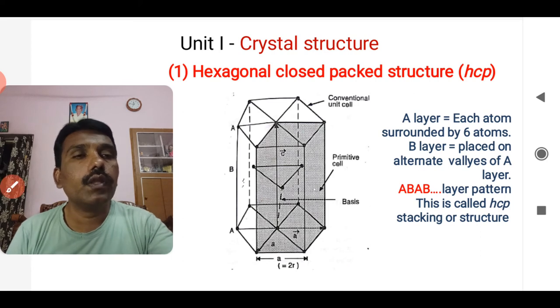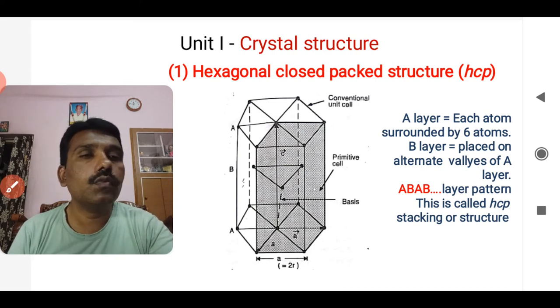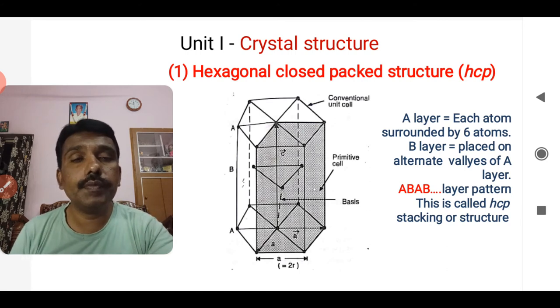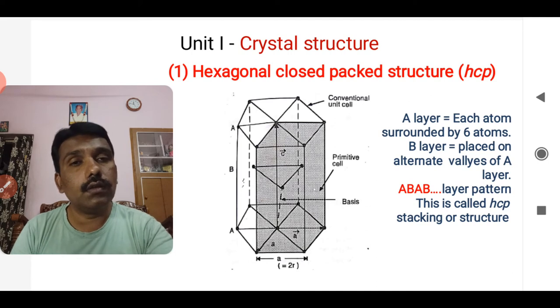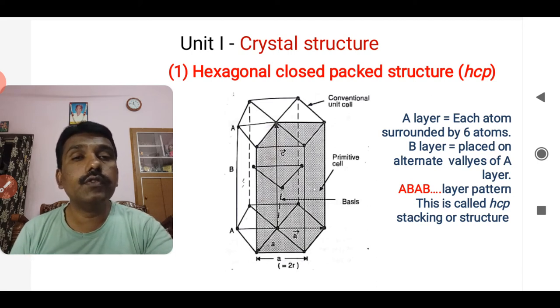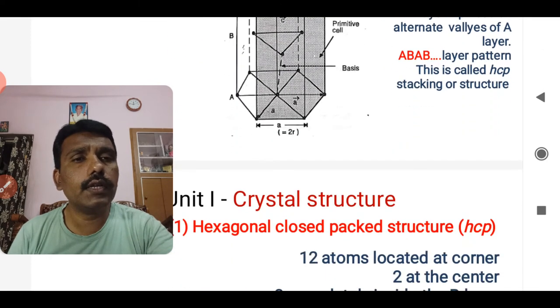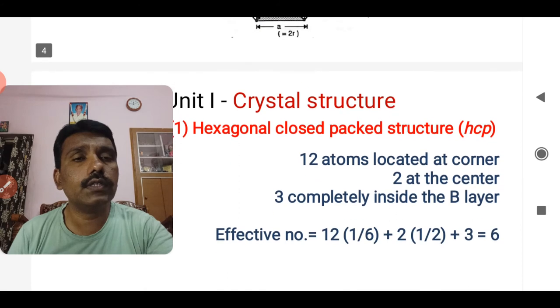We have seen how non-integer numbers give you a non-primitive unit cell, and integral numbers give you a primitive unit cell. And for that, the conditions have already been discussed in detail.